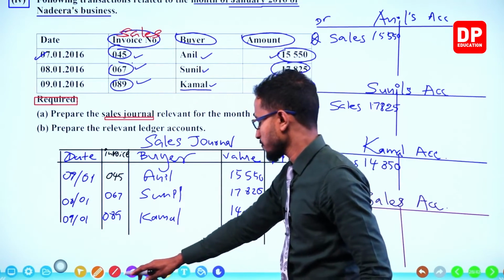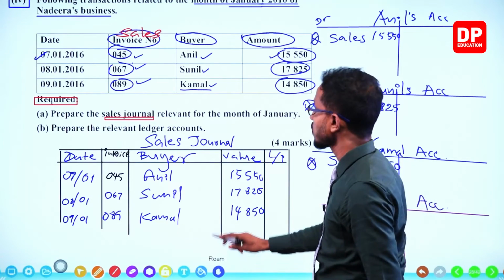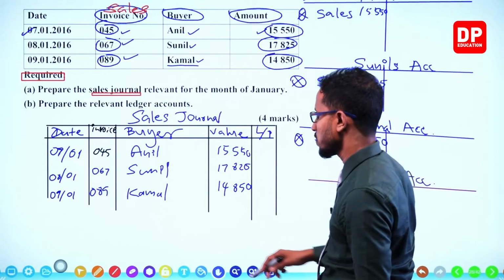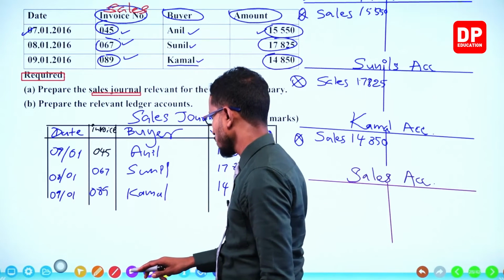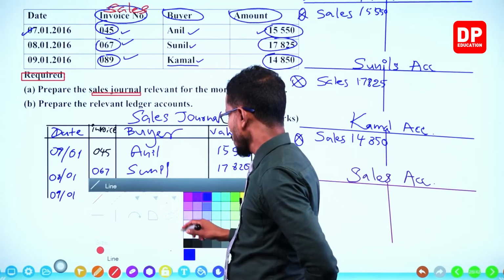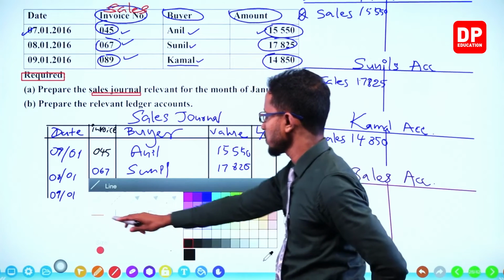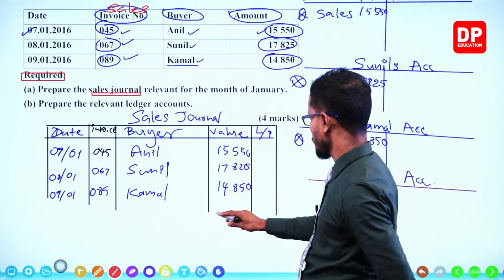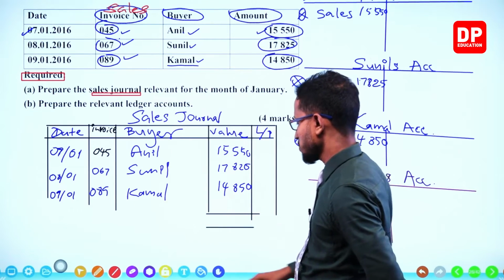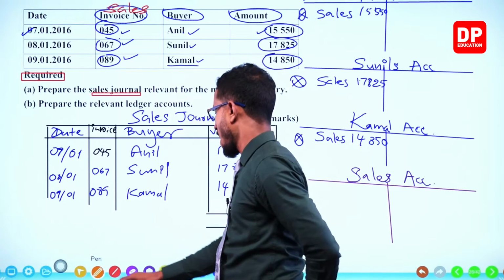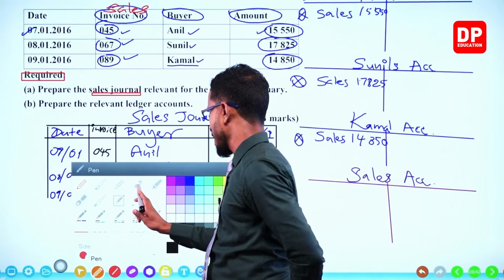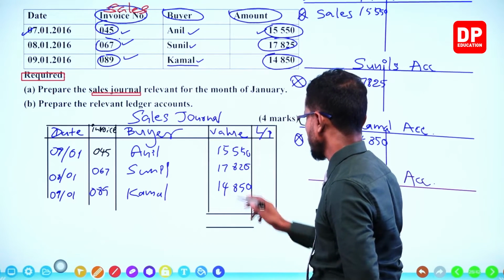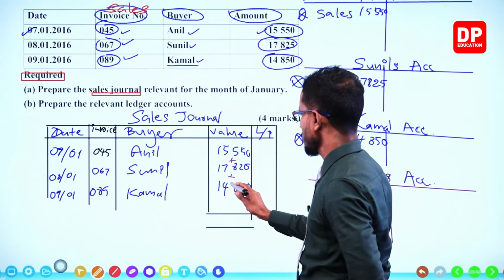Now let's sum up, I mean, let's take the addition of the sales journal here. How much is it? 15 plus 17,000 plus 14,000.